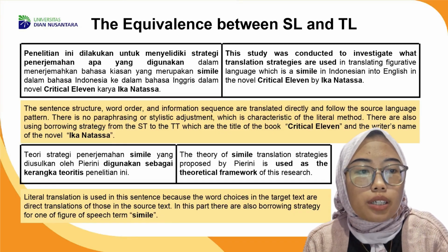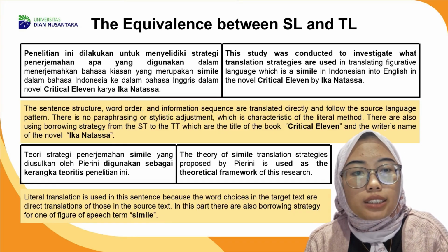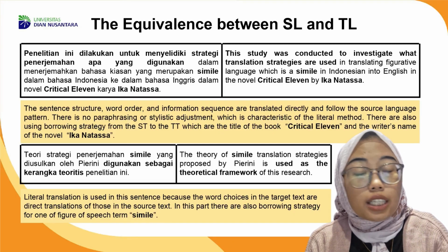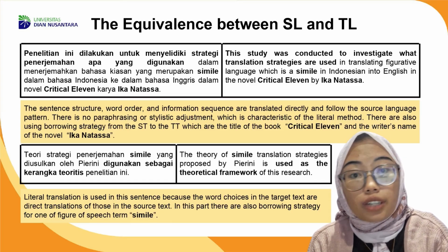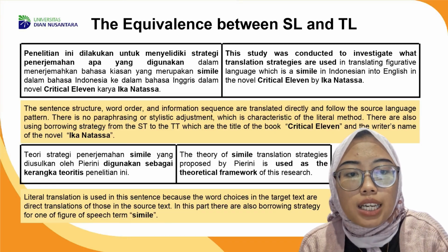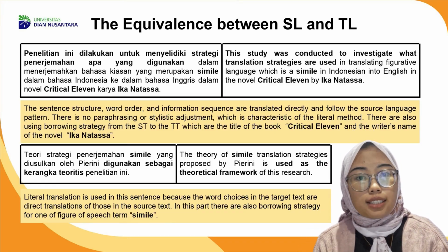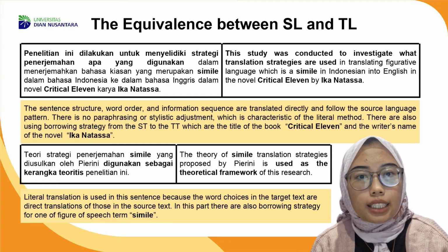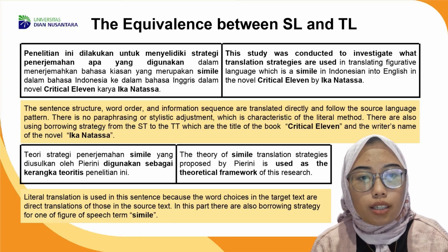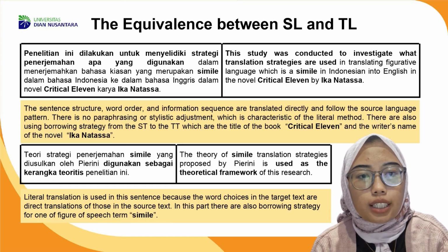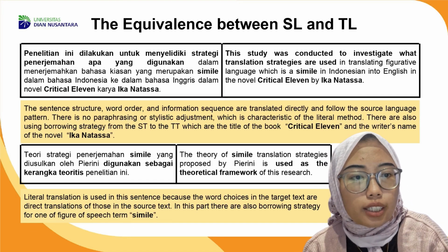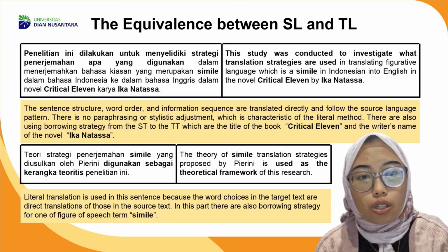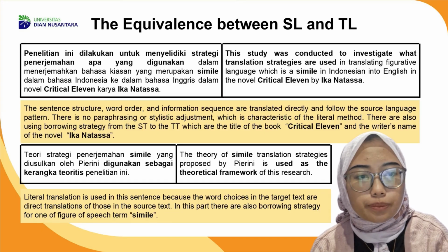And there is also borrowing in this table, which is the title of the book itself, Critical 11, and the writer's name of the novel, which is Ika Natassa. And in the second table below, there is also a literal translation used in this sentence because the word choices in the target text are direct translations of those in the source text.